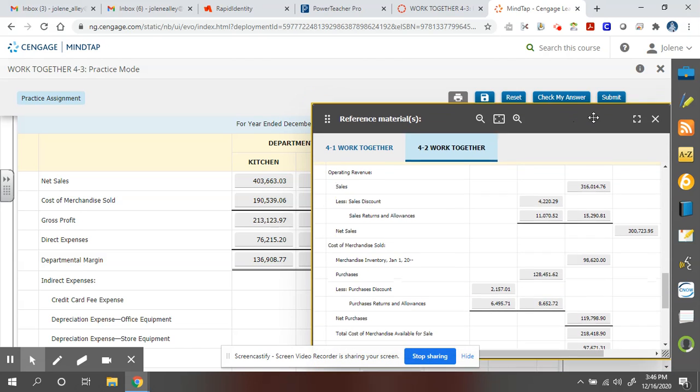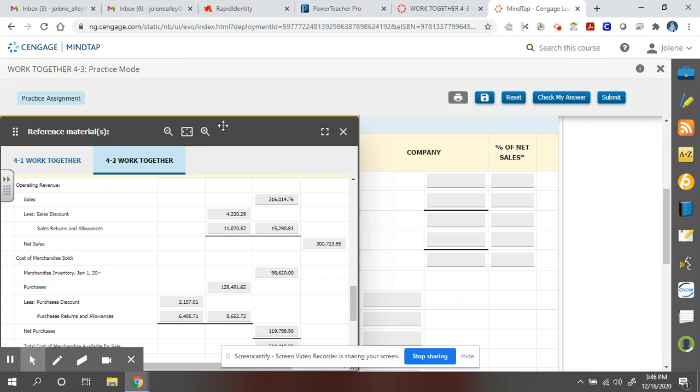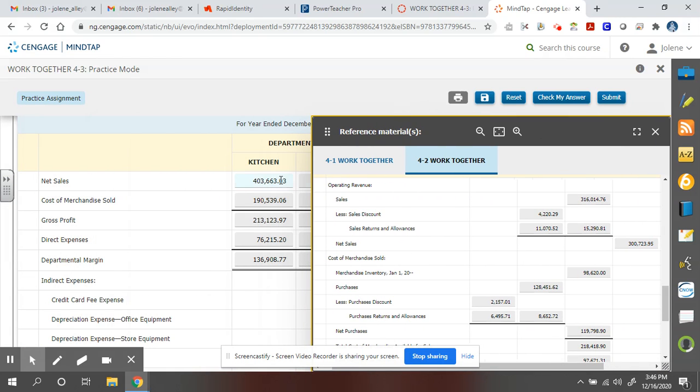I can't move it to be able to see it. Okay, so right here in this box, we need net sales. 300,723.95.